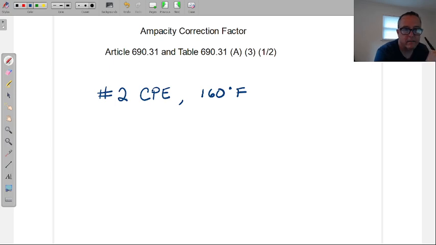So I'm going to pause here and let you guys try to solve this. I may not have gone over this enough right now for you to get there, but at the very least, you should be able to find the ampacity of the conductor, and then from there, look at the temperature that I gave you, and go find the correction factor, and hopefully from there you're able to do some math.